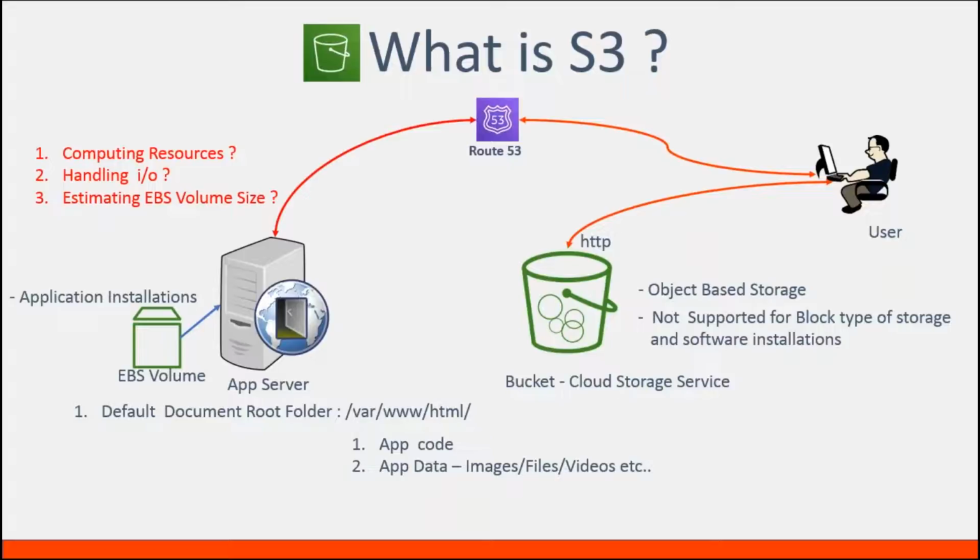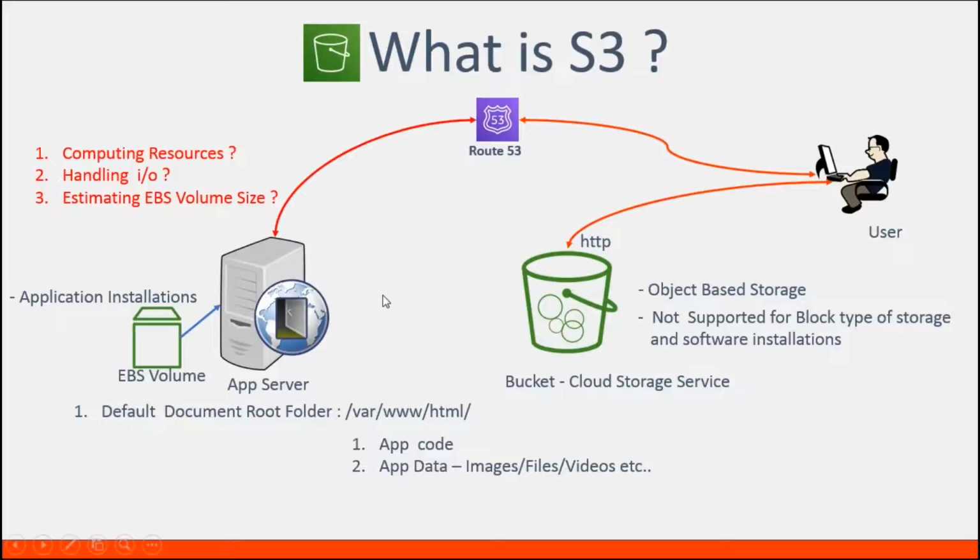So that means what? If my website has to work, there are two important things, right? One, the Apache HTTP web server should be installed, right? When the Apache HTTP web server has to be installed, it requires storage capacity where it has to store the software information, like /etc/httpd.